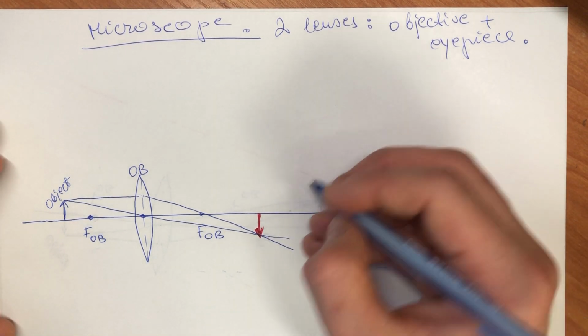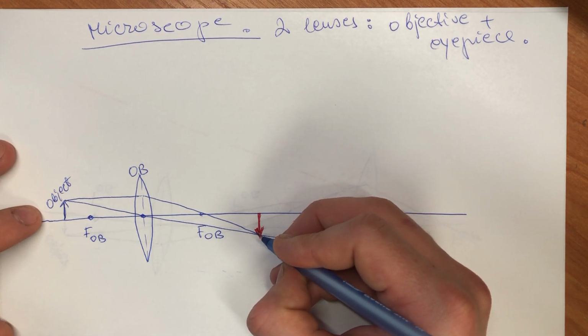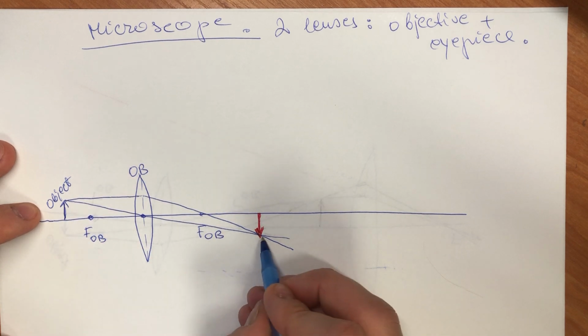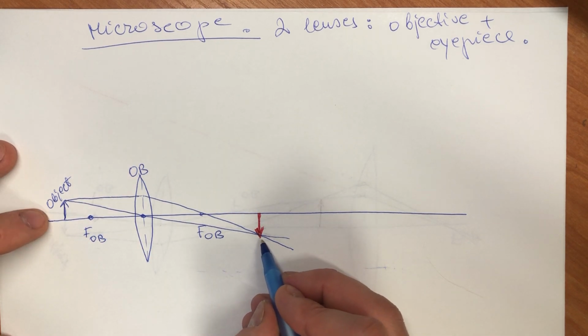You can see that this image should be a bit bigger than the object. Here I'm not very good at drawing, but it should be a bit bigger than the object, magnified a bit, inverted and real.